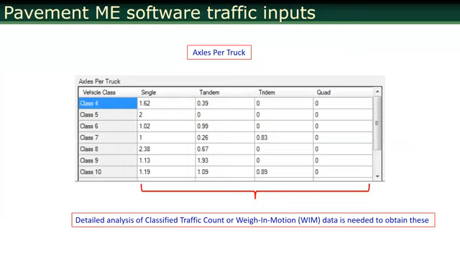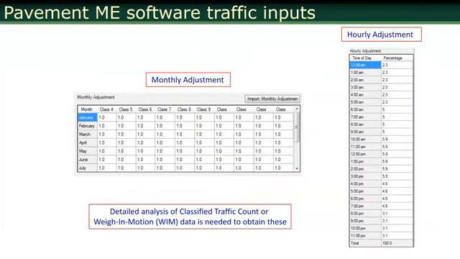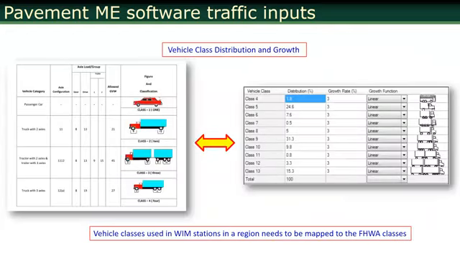How can you have... Load is more than 18 kips on the axle. No, that goes into the axle load distribution. That's a good point, but it is not that. What happens is you can have a bus that looks like this, a single and a tandem. This is one single and one tandem.